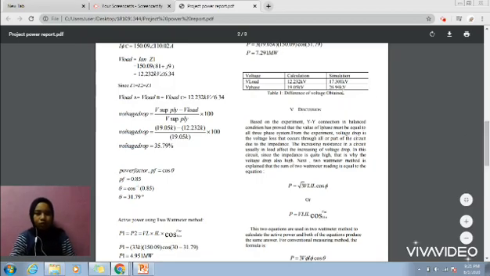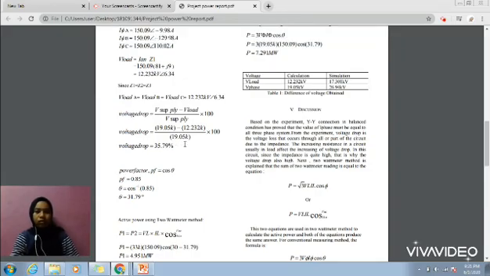So that's why our voltage drop will also have a high value here. So if we want to control our voltage drop, we need to lower the impedance value. That means we need to put a lower value of load in our transformer.